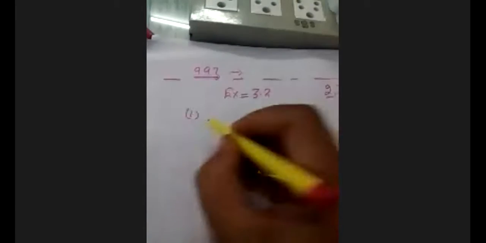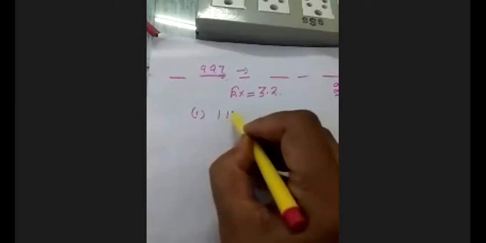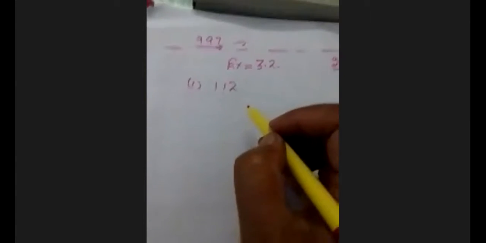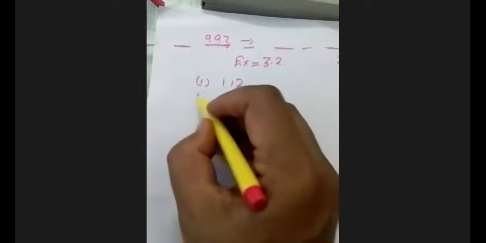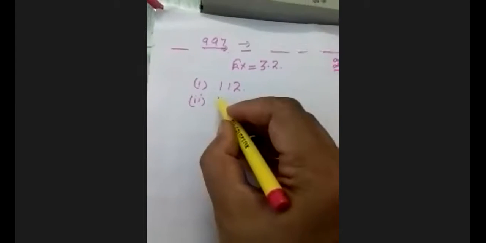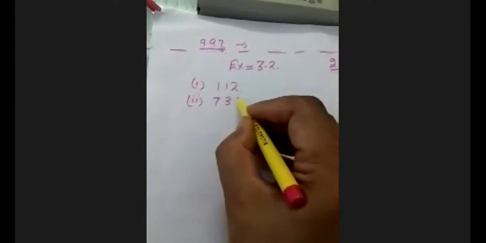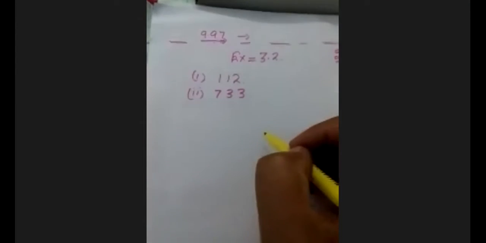Your first number ending with 2: 112. Second number ending with 3: 733.